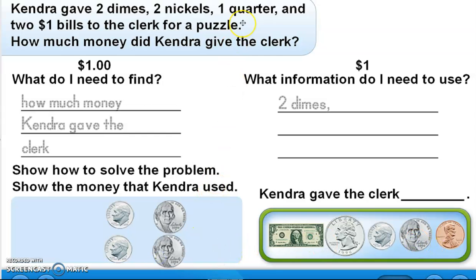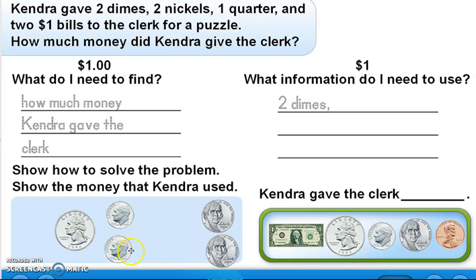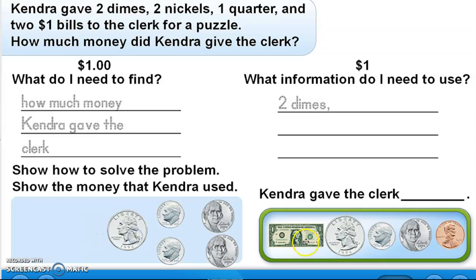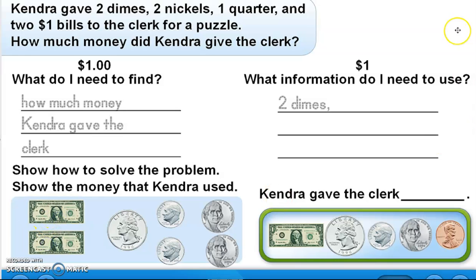Okay, she also gave the clerk 1 quarter, so a quarter is more valuable than a dime. And then she also gave the clerk 2 $1 bills. So I'm just going to move these over a little bit so that way we can fit the dollar bills in there. So there's our $1 bill, and there's $2 bills. Okay? So that's all the money that she gave the clerk.